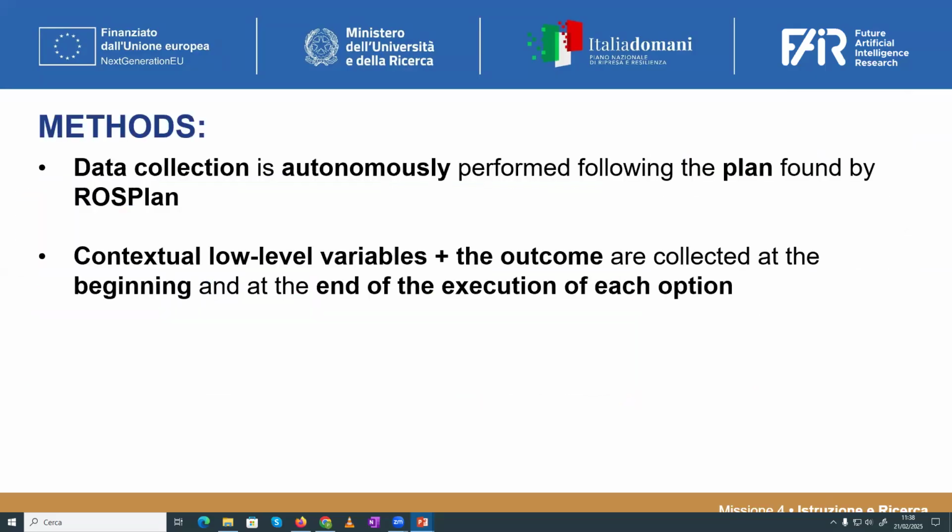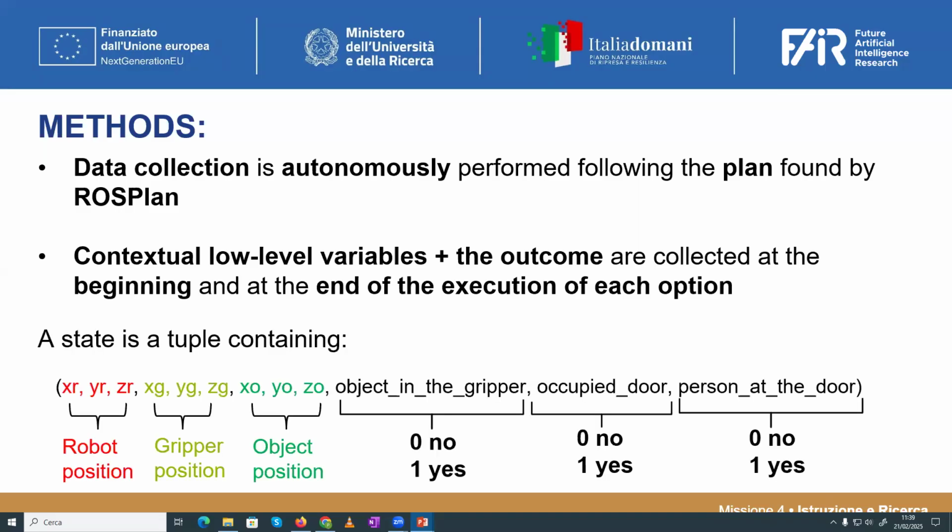And so the method is to put in execution several plans, and we train. So this is the training phase of the robot, and the outcome is collected at some symbolic level. When we execute an action, we collect the initial state and the effects.